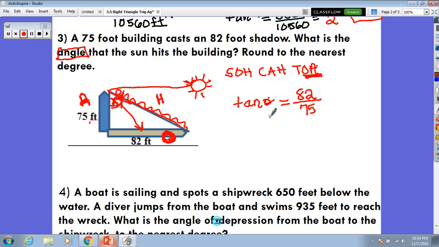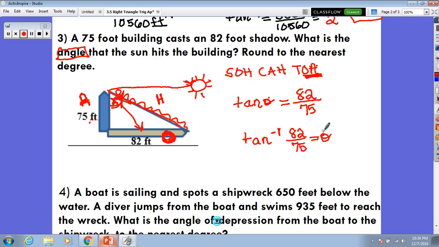And every time we're solving for an angle, we use the inverse function. So you have to do tangent inverse of 82 over 75. That is how we're going to get the measurement of our angle theta. So let's type that in our calculator. Second and tangent is how you get the inverse button.